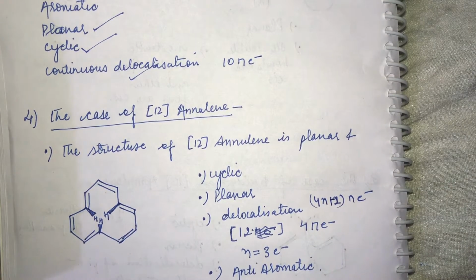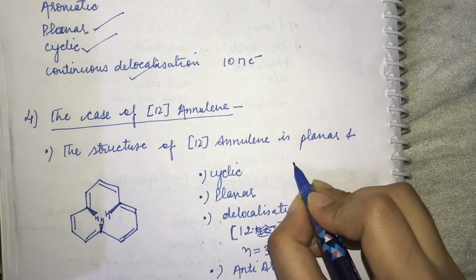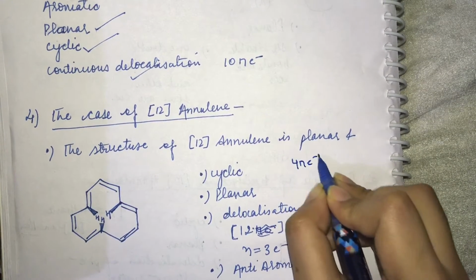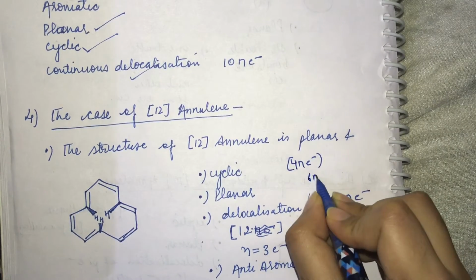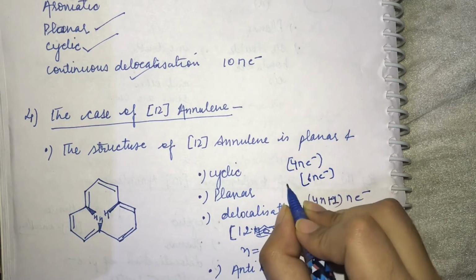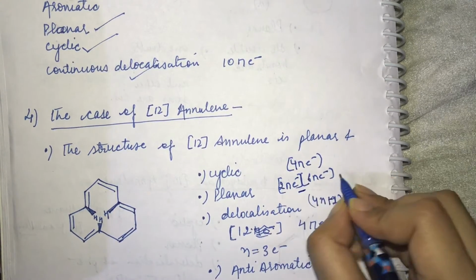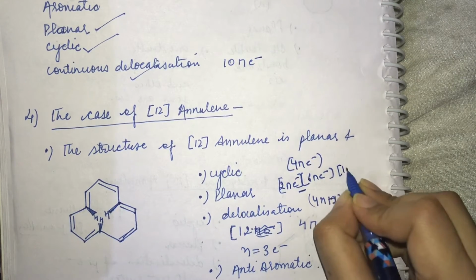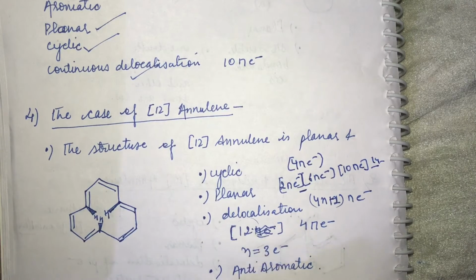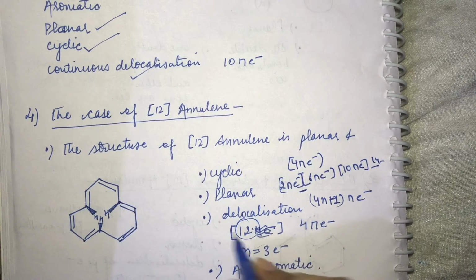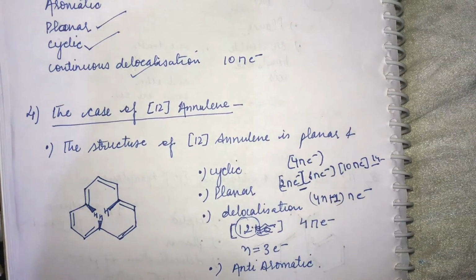We know that aromatic systems must differ by 4 pi electrons. The first aromatic system is a 6 pi electron system, then we must have 10 pi electrons, then 14 pi electrons, but this has 12 pi electrons. So this is considered to be an anti-aromatic compound.